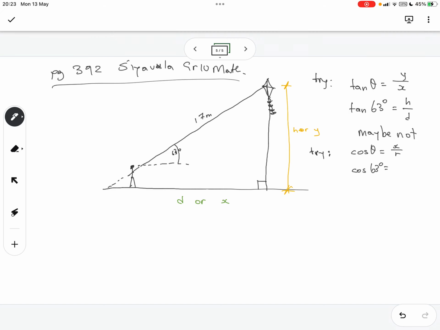Do we know x? No. Do we know r, the length of the string? Yeah, 17. So we know 17.